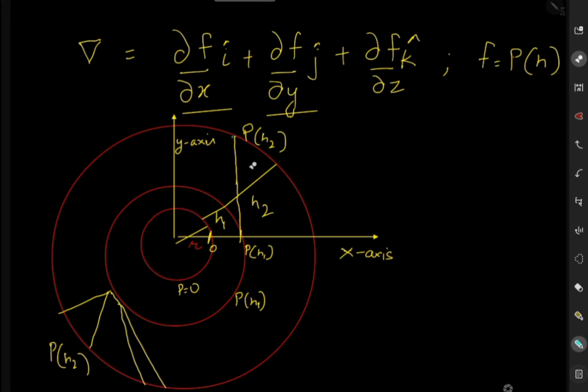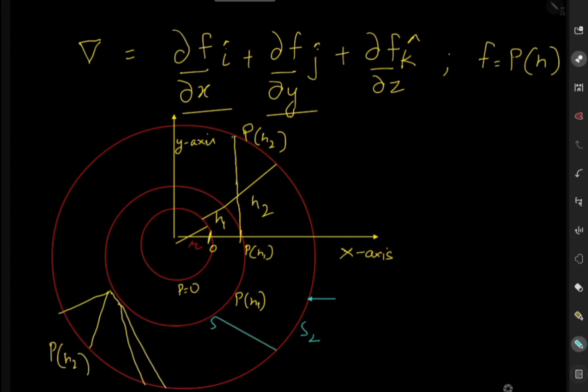Similarly, if we move further from this spherical level, from this surface level, we will reach another surface level after moving in z direction. Think about these levels as spherical surfaces. Imagine we are on S2.